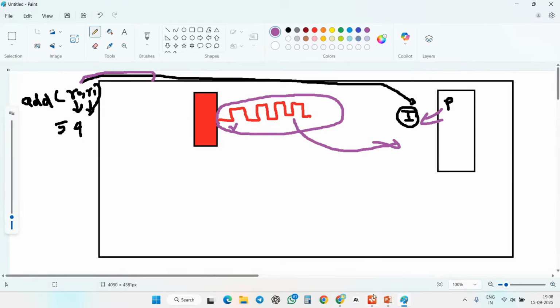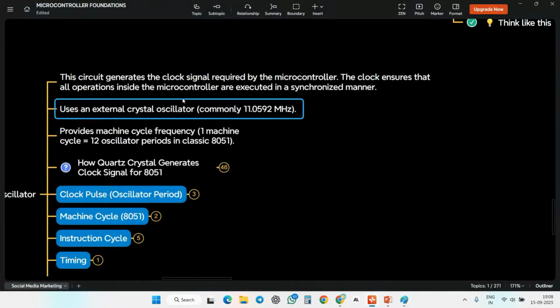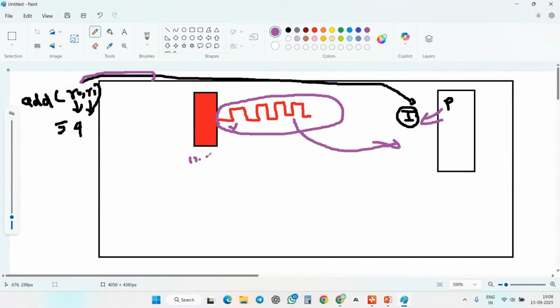So the clock pulse plays a major role. The 8051 uses an external clock oscillator of 11.059 megahertz, producing the clock pulse. Keep that in mind.